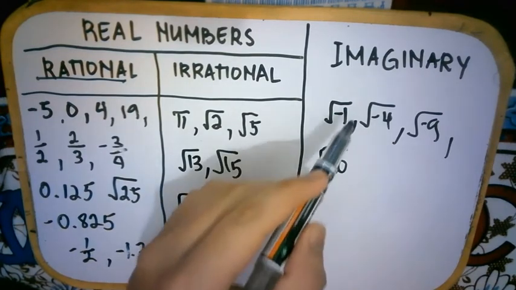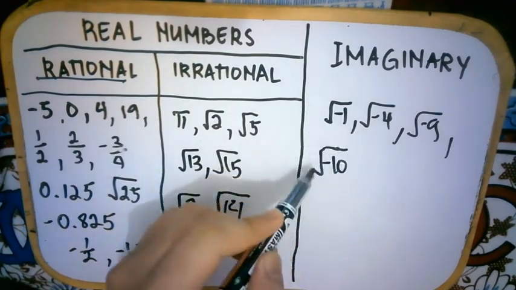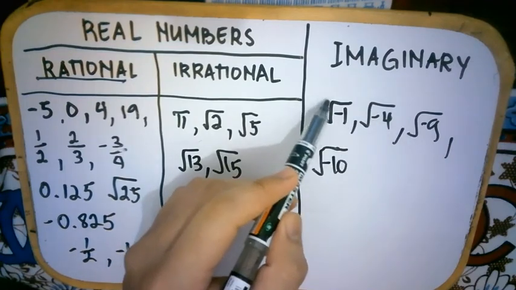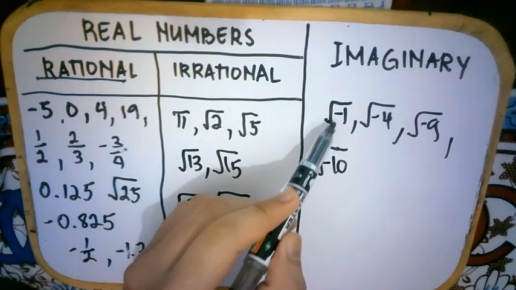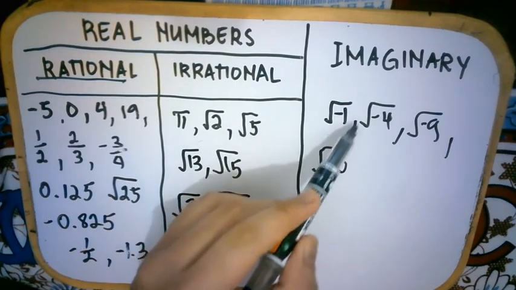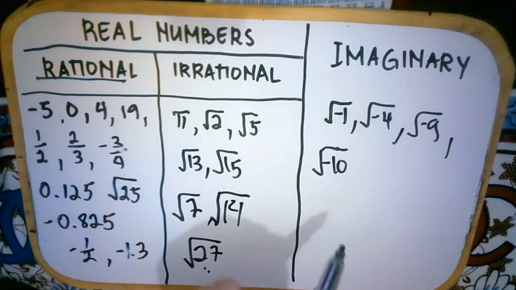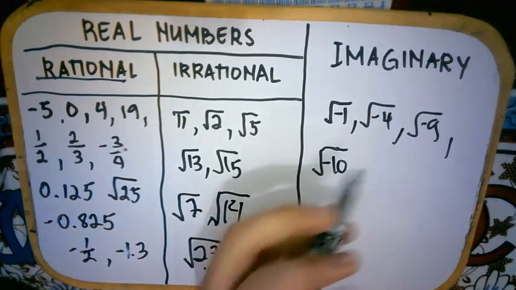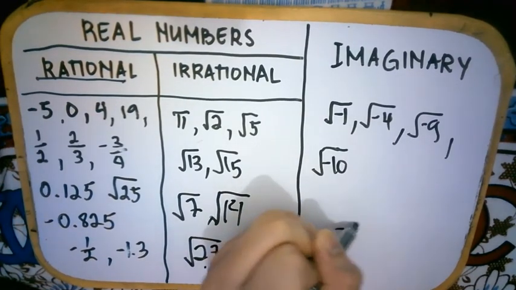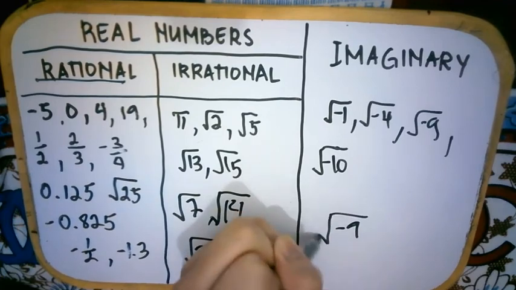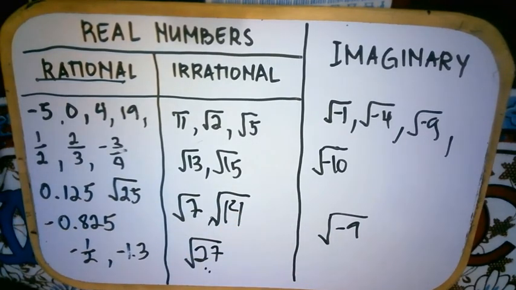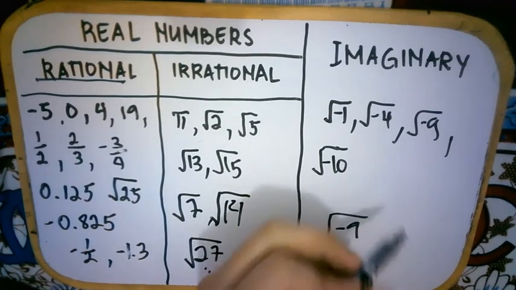So, they all have square root or radical, which is ang index ay 2, and then ang nasa loob na number ay negative, or yung radicand ay negative. So, yun yung imaginary. So, once we have a negative number, and then nilagyan natin ng square root yan, automatic imaginary na yun. Any number na merong square root of a negative number, automatic imaginary na yun.